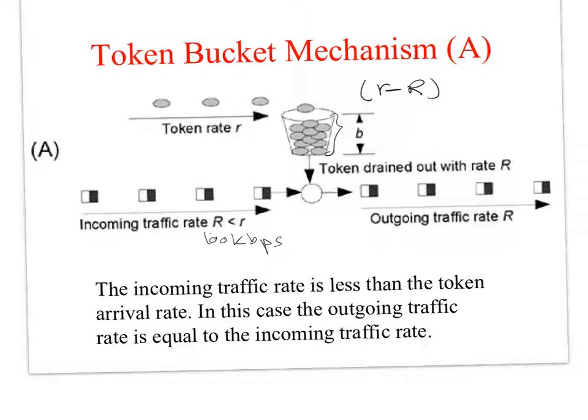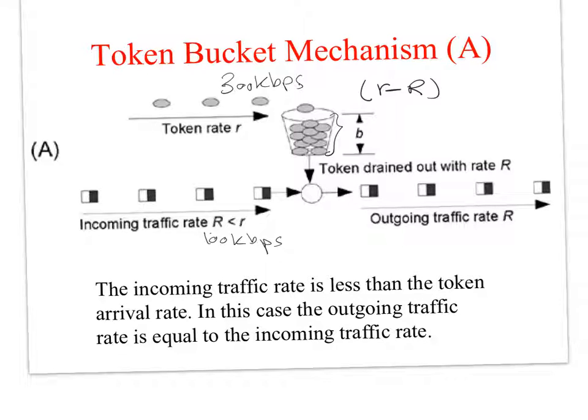And the small r is, let's say, 3 kilobits per second. Which means that every 1 over 3 to the power 5 of a second, you get 1 token. So you get 1 token with a rate which is 300 kilobits per second.